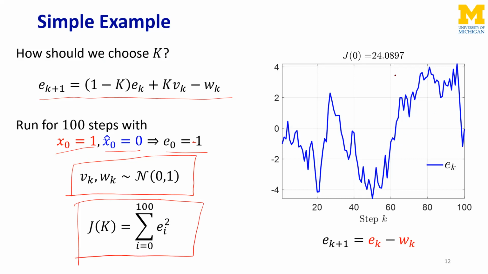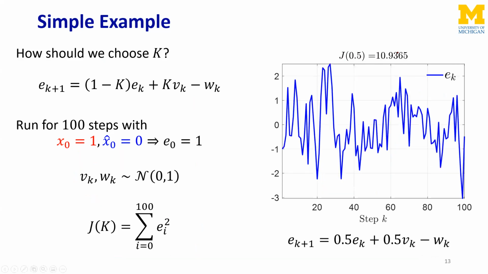So let's start with the naive case, which is you just set the gain K to 0. When you set gain K to 0, you recover the naive estimator that I showed you a few slides back. The error dynamics is given by this equation, and we get some performance. Our cost is 24 units. Okay, now what if we had a non-zero gain K?